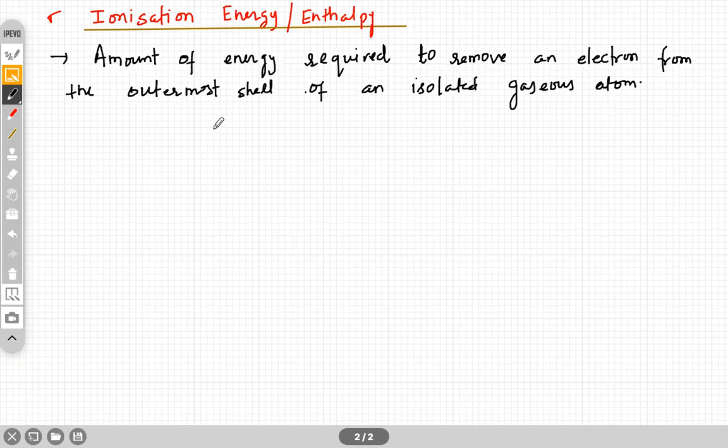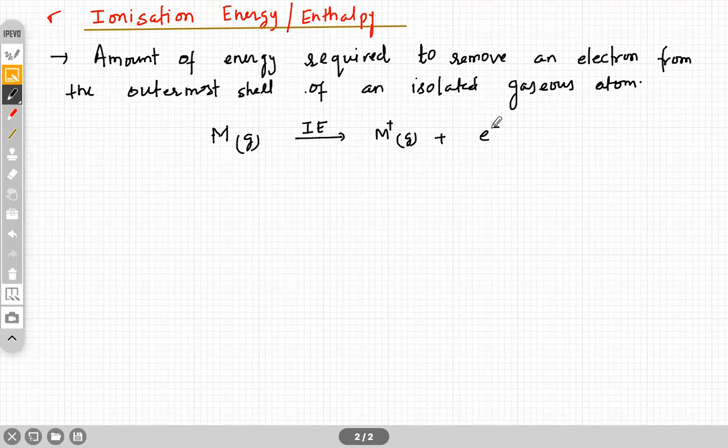Okay, so any metal, any element M in gaseous state, if you provide ionization energy to this metal, it converts into monovalent gaseous ion and one electron goes out. Copy this down. Just a second.